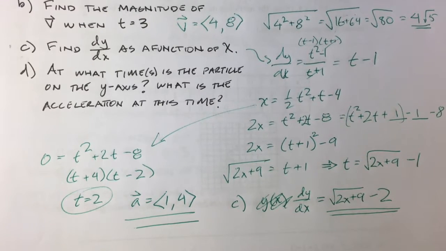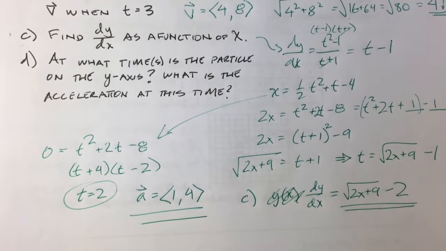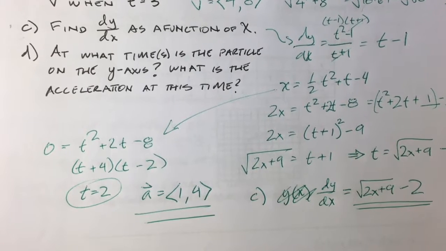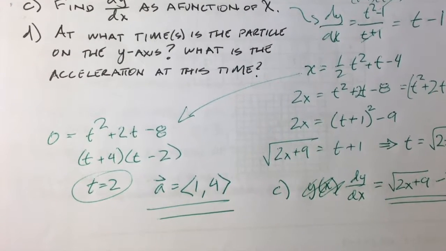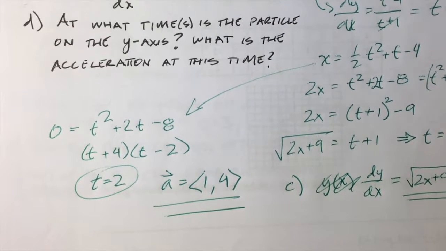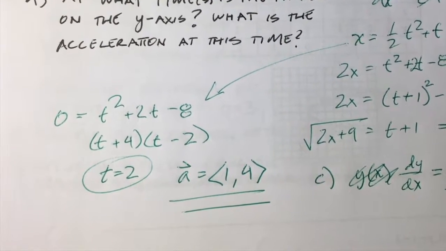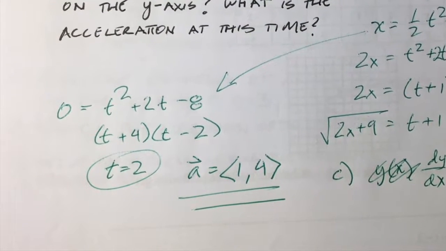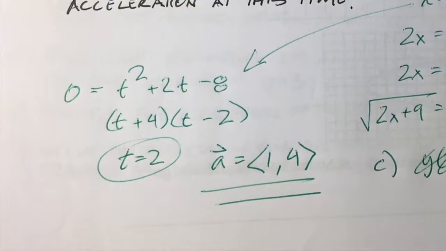All right. At what times is the particle on the y-axis? Okay, well, the particle will be on the y-axis when the x component is 0. So when is that going to be 0? That's going to be 0 when this quadratic is equal to 0. Again, I'm going to be solving a quadratic for 0.